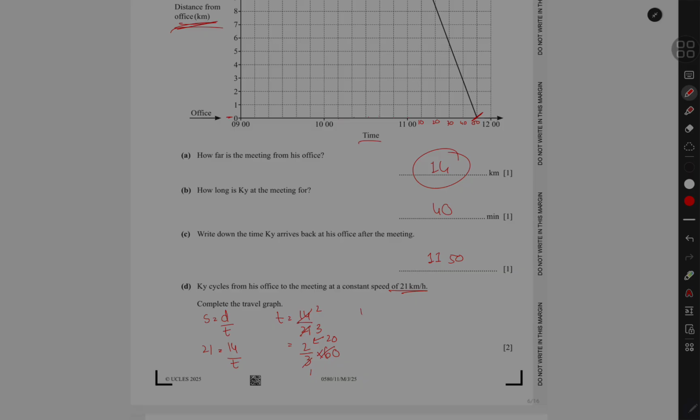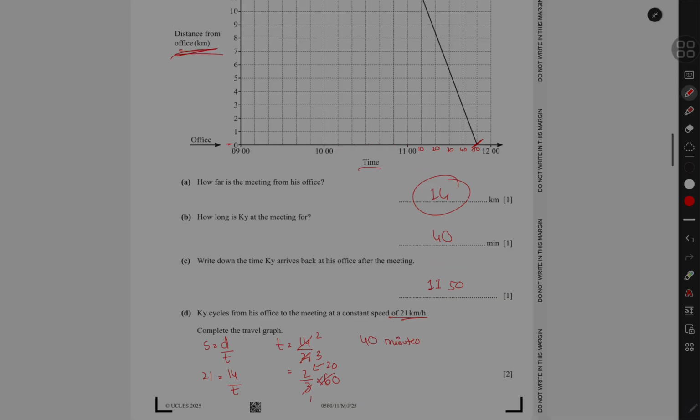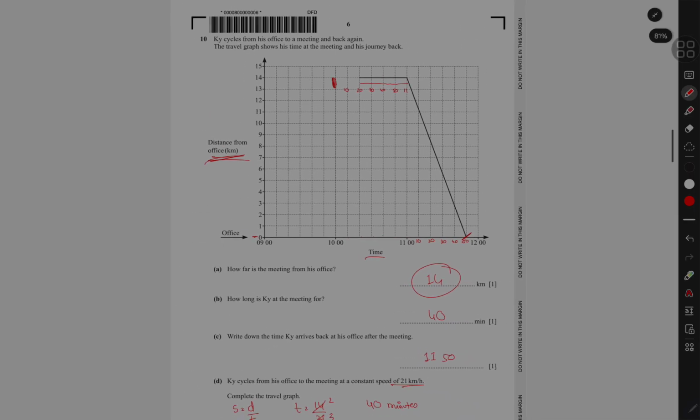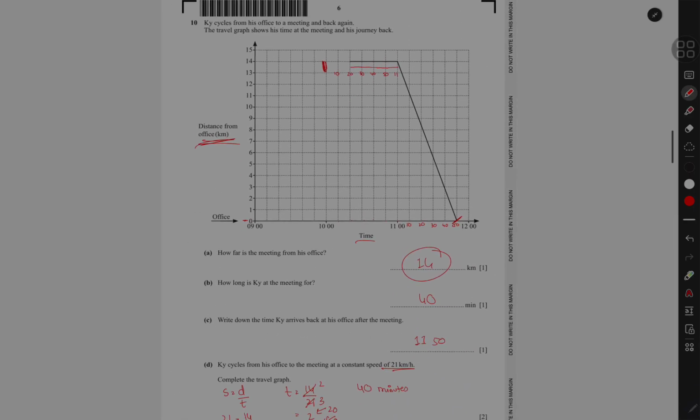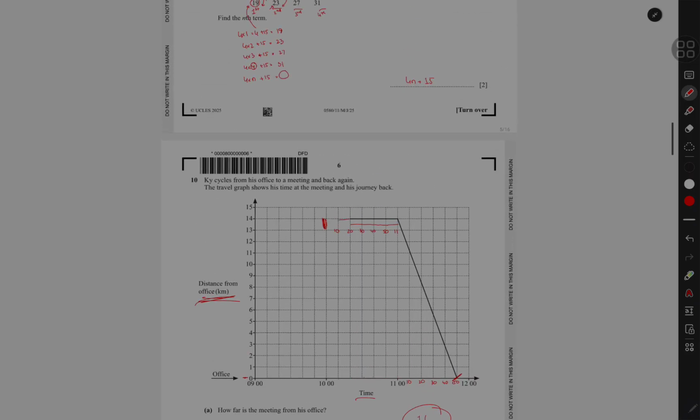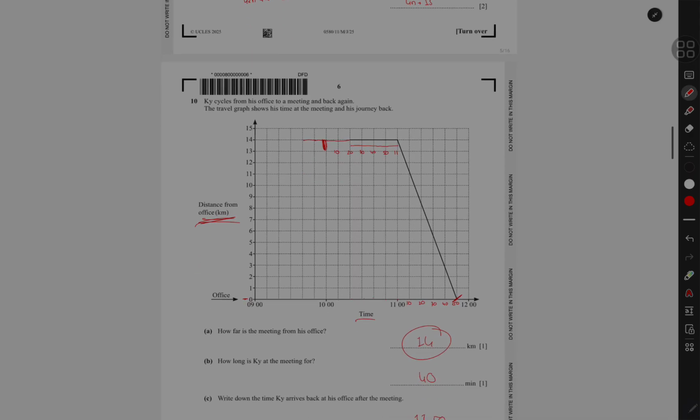That gives us 20 multiplied by 2, 40 minutes. Now we can go back from this graph 40 minutes back. So we need to go 10, 20, 30, 40 minutes. So he left his house at 9:40.